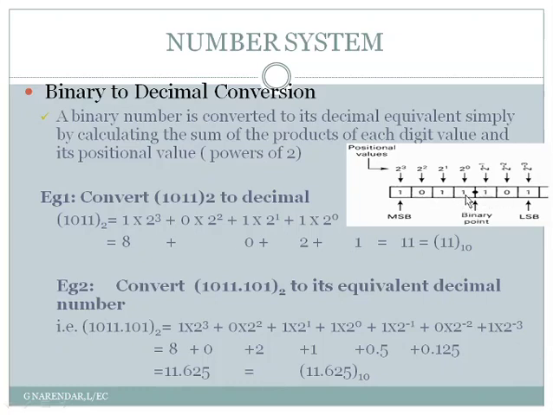Towards the left side, the first position has 2 power 0 as position value, and the next higher position has 2 power 1, and the next higher position has 2 power 2, and so on.